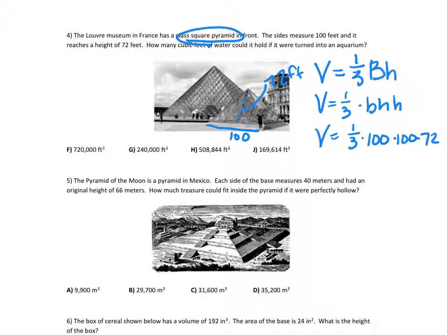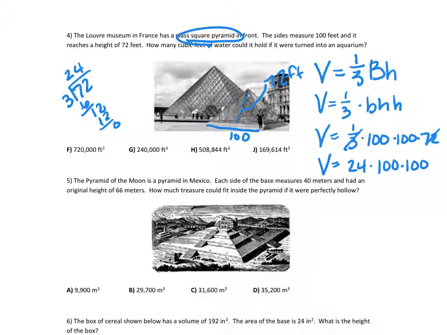Okay, I can't take a third of 100 easily, but I can take a third of 72 because that's 72 divided by 3. And we get 24. Okay, so it would be volume equals 24 times 100 times 100.